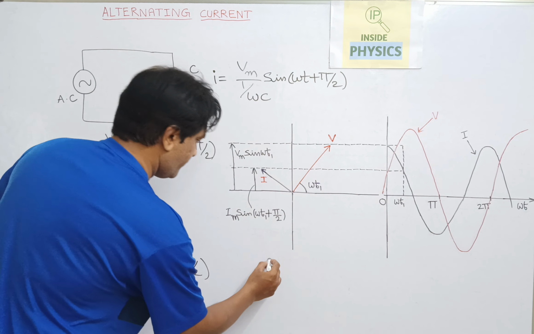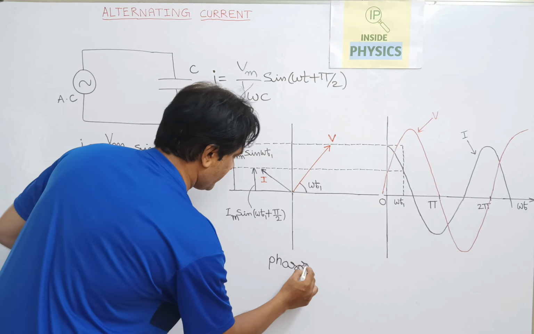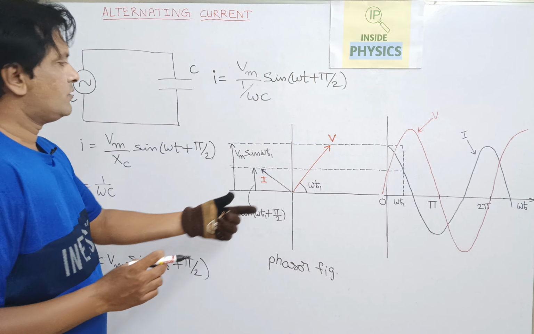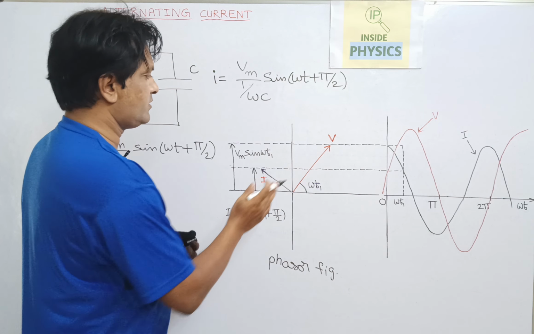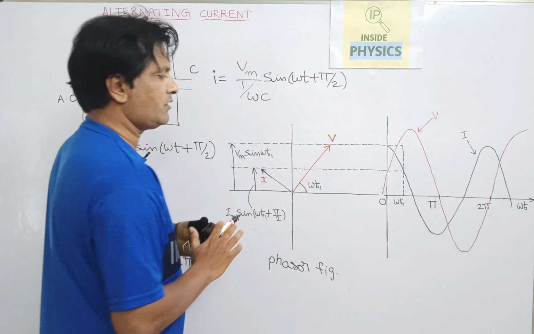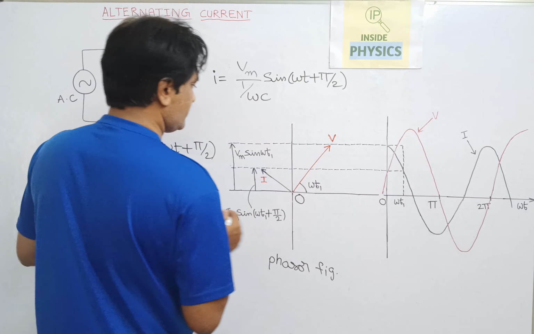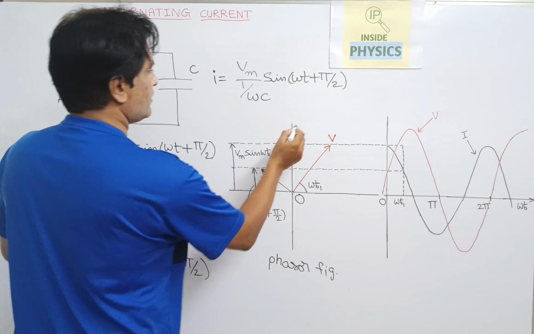This is a phasor diagram. Already we discussed the phasors. So there is a voltage, this is a phasor voltage which is a rotating vector. It rotates about the origin. If you take this as the origin, it is rotating in the direction like this.